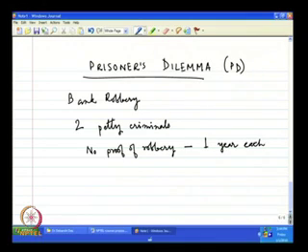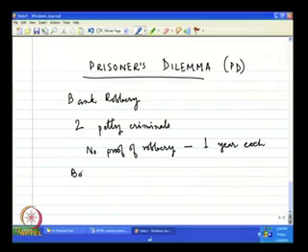So this is the case when the people are not confessing, they are saying that we have not committed the crime, and the police cannot prove that they have committed this big crime. Second case, let us say both of them say that we have committed this crime, we have robbed the bank.